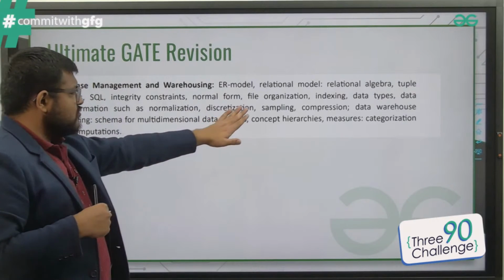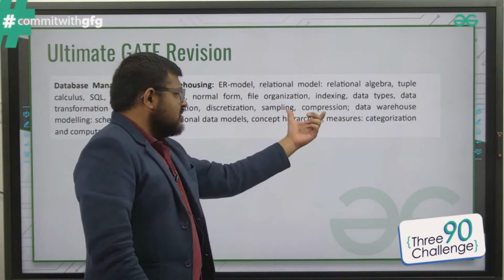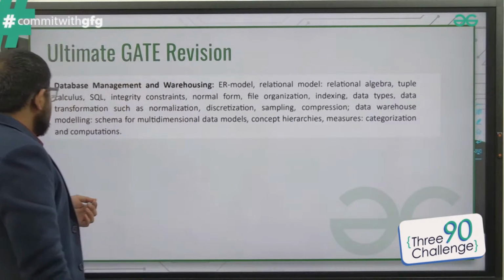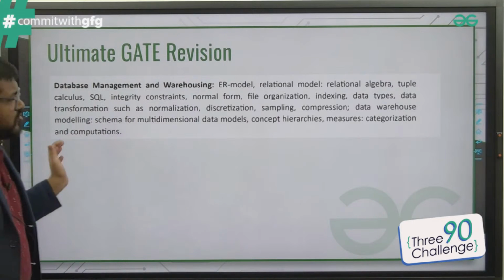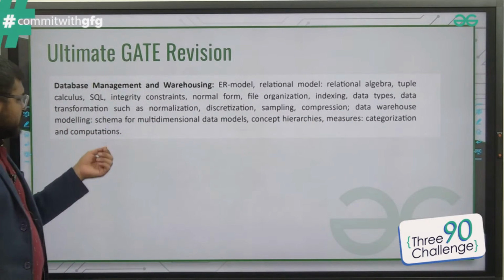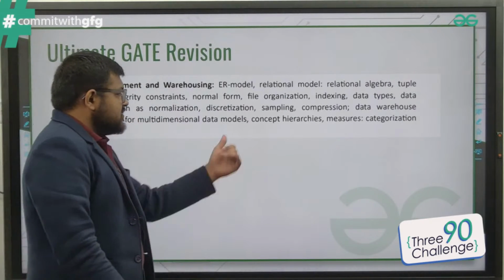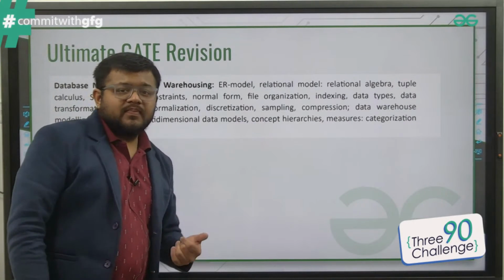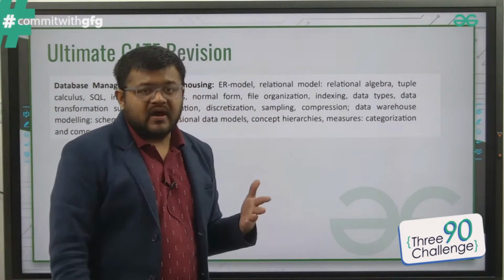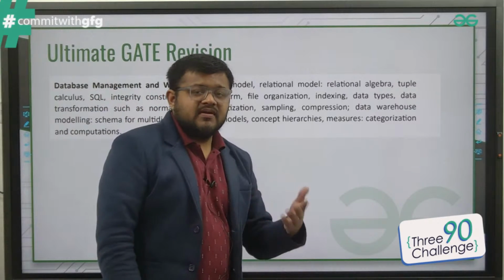Again, sampling, you sample it into different things. Then compression is basically in order to reduce the size, you compress the data. Then data warehouse modeling, so how do you store a large amount of data from different databases? What are different models for that? If your data is multidimensional, how can you do that? Concept hierarchies means, for example, you can form different hierarchies of the data in the warehouse for better retrieval and better analysis, better data mining.